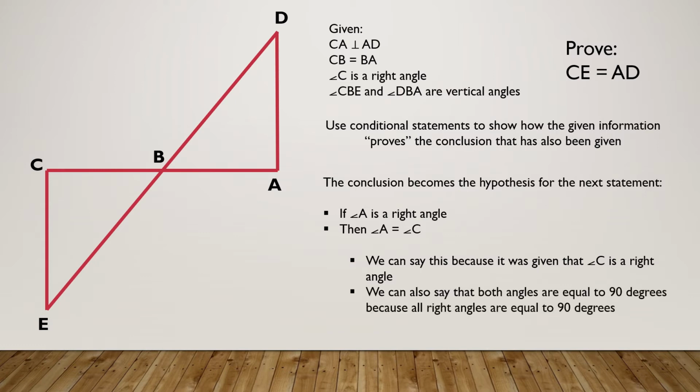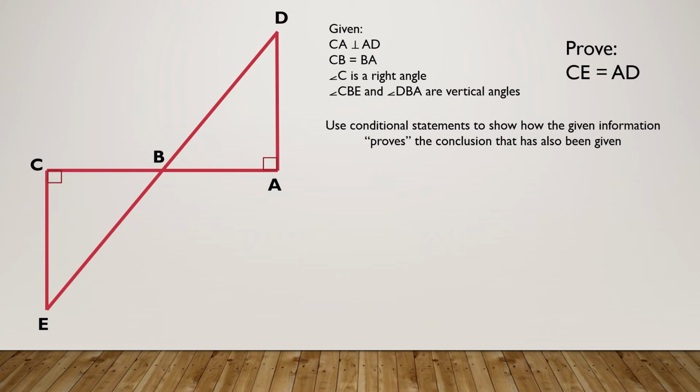We could also say that both angles are equal to 90 degrees because all right angles are equal to 90 degrees. That's not necessary for this proof, but it is an extra piece of information to be thinking about. Let's go ahead and mark our right angles, angle A and angle C, with our little boxes before we go any further.